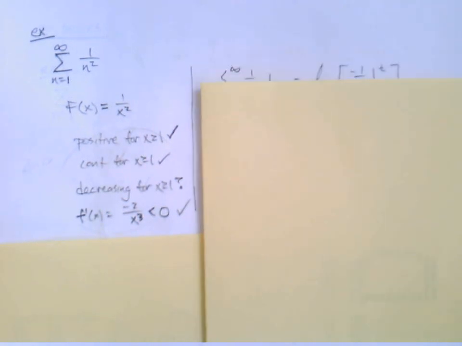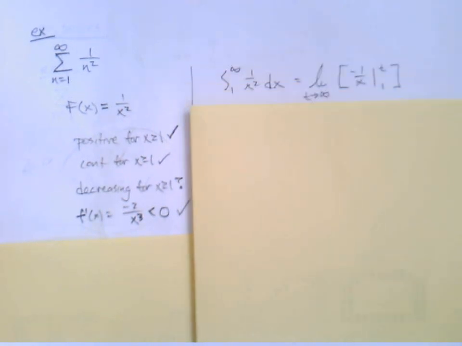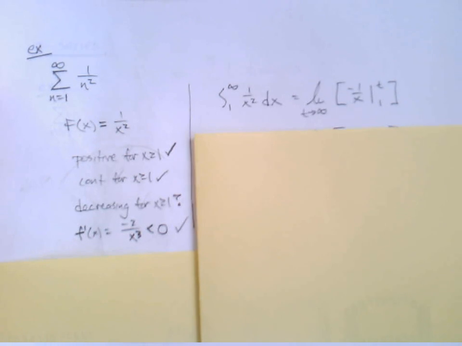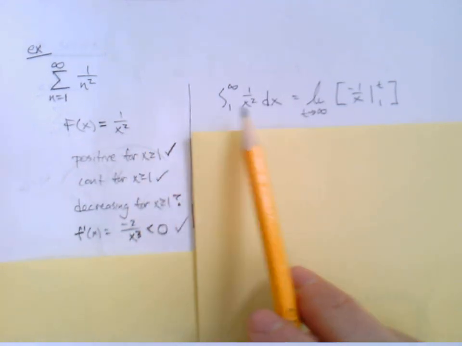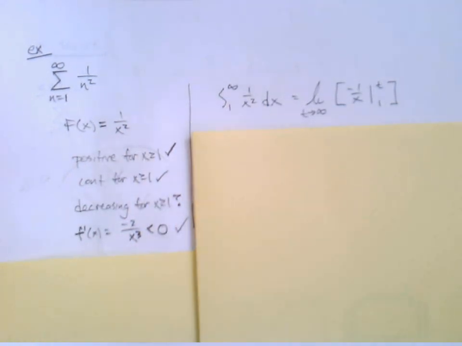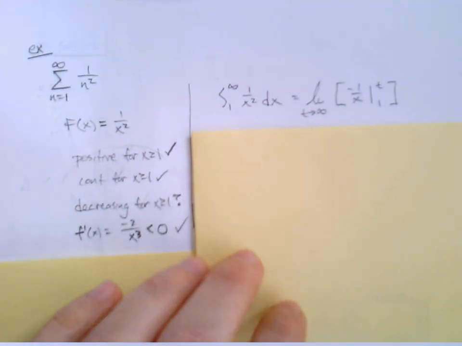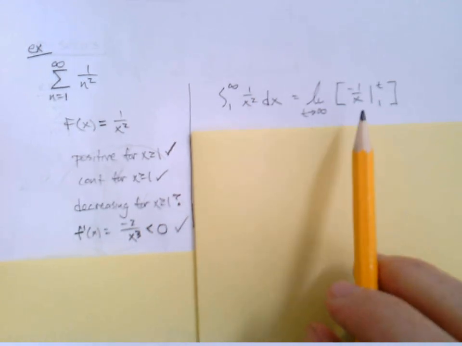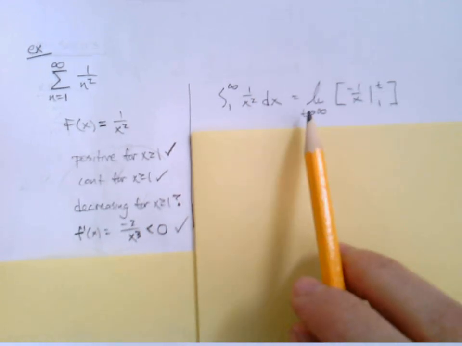Now here on the other side, we're going to take a look at the integral. So we're going to begin with the integral of our function from 1 to infinity, 1 over x squared. Well, that's a little bit easier than the ones we were doing a moment ago. This antiderivative would be negative 1 over x, from 1 to t, as t goes to infinity.